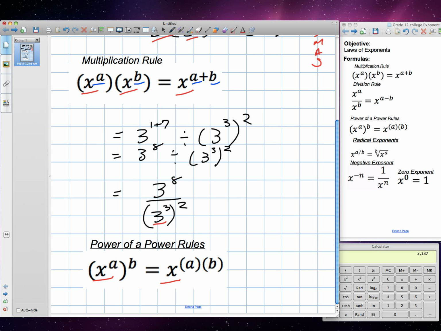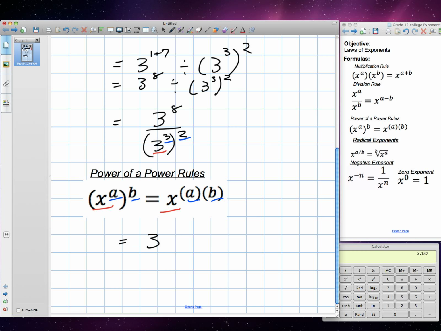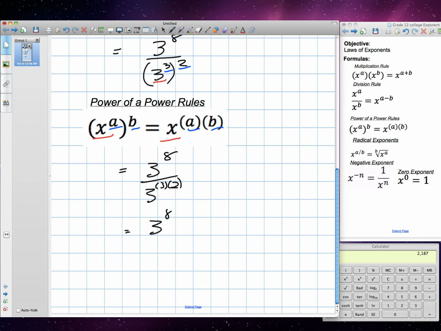A and B, which in this case are 3 and 2. We're going to multiply those numbers. So when we go down, we get 3 to the power of 8 over 3 to the power of 3 times 2. What is that going to become? 6. So we get 3 to the power of 8 over 3 to the power of 6.